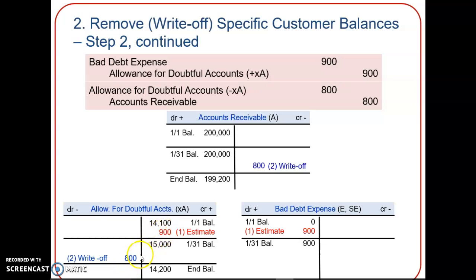So the net effect of the two steps, based on the numbers in this example, on the allowance for doubtful accounts is $100, right? $900 increase, $800 decrease, so the net impact is $100 increase.